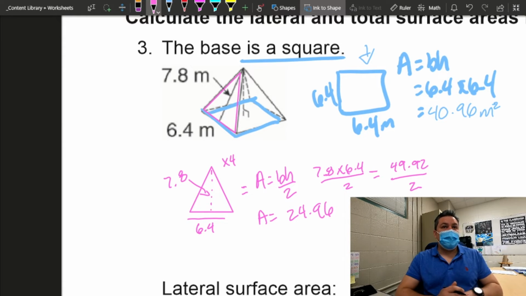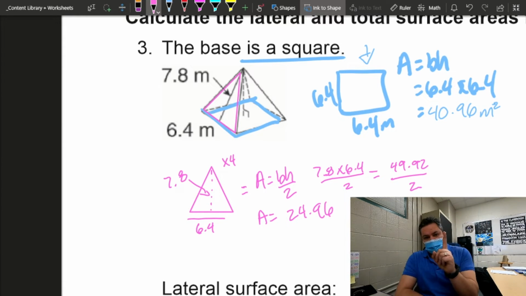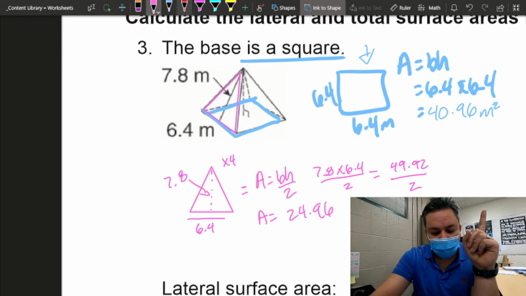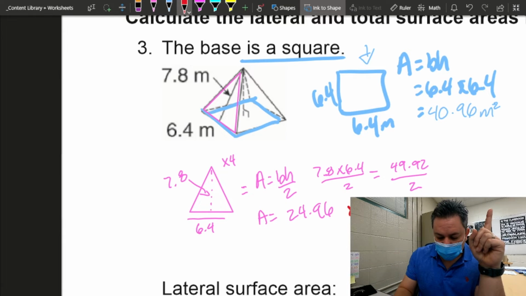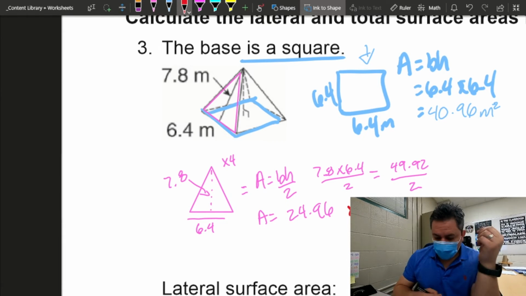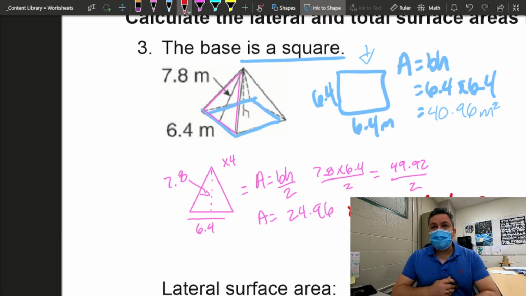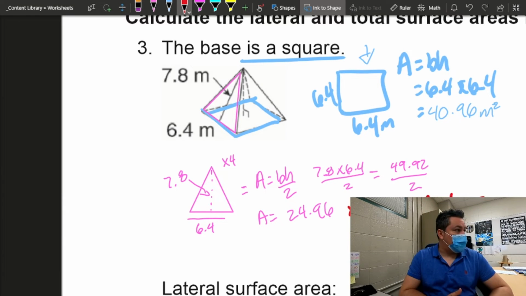Okay, so that's the area for only one face, right? But how many faces do we say we have? So if we multiply that times 4, what do I get? 99.84, and all of these are meters squared.